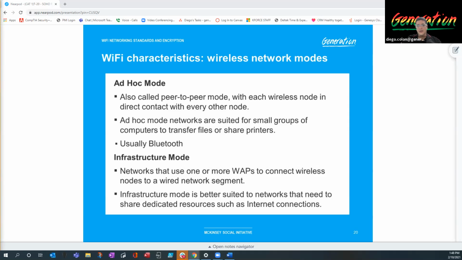Obviously, ad hoc mode would impede you from having all that other stuff because we're doing only peer-to-peer. Infrastructure mode is setting up a network for the infrastructure to be able to connect anywhere, including the internet.